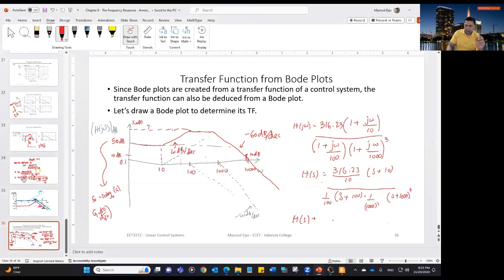So H of S is 3.1623 exponent 12 times S plus 10, over S plus 100 and S plus 1000 cubed. That's going to be the transfer function of this control system from this Bode plot. All right, guys, any questions about this?